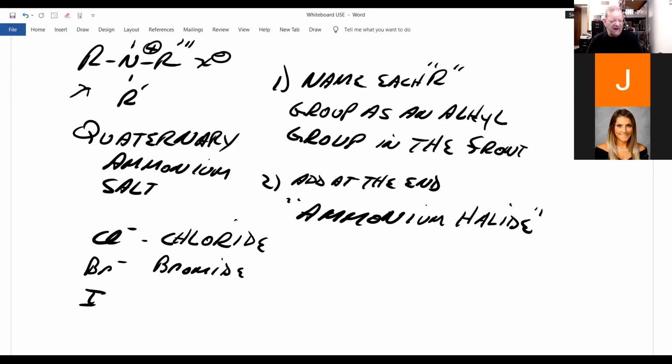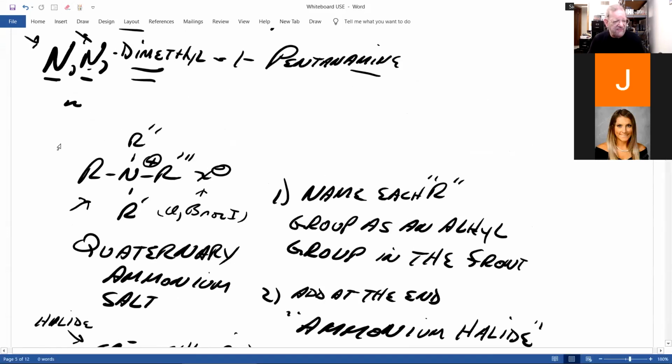And when it's I minus, that's iodide. X can be chlorine, bromine, or iodine. And these are the halides. Now, there are other ions that I've worked with, like borate and acetate, but we're not going to cover that. And these are quaternary ammonium salts.